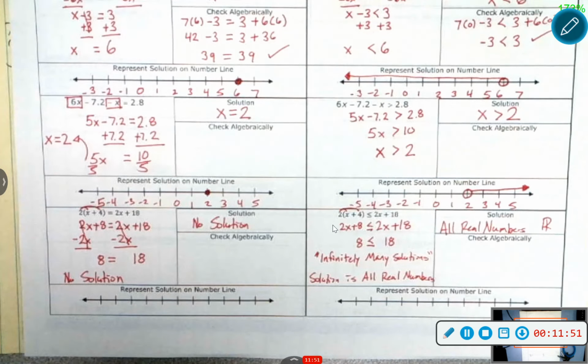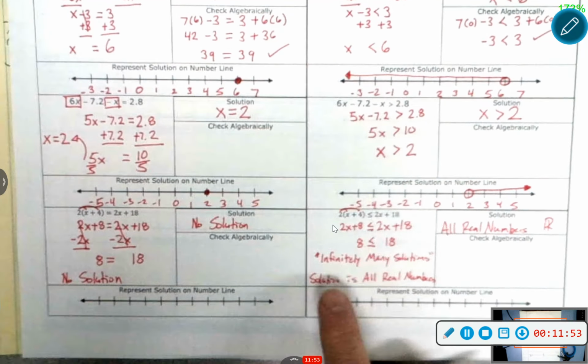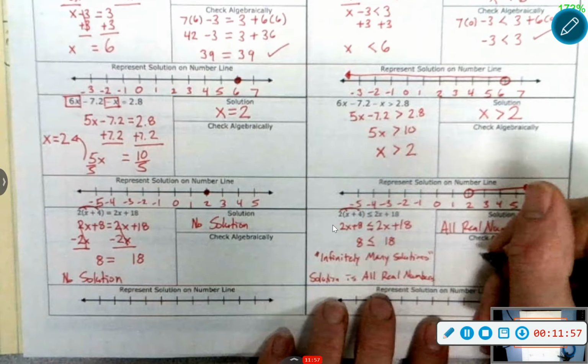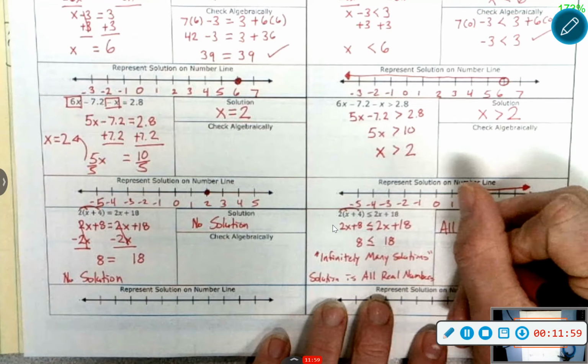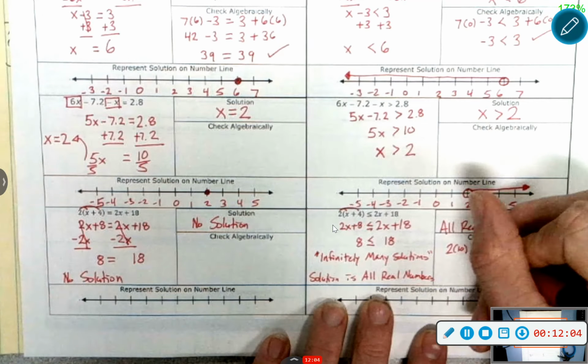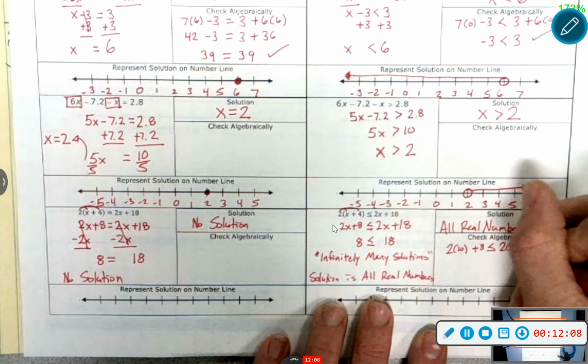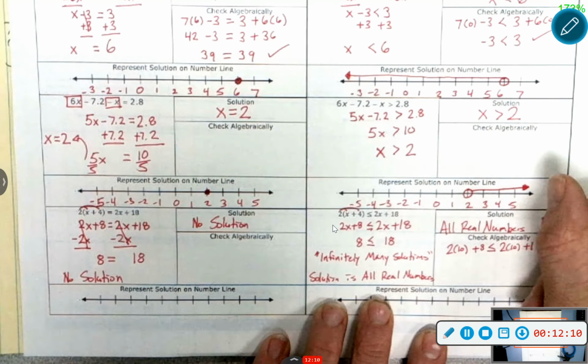If you check this algebraically, you'll see that no matter what x value I plug into this inequality, it will always be true. Let's plug in 10. 2 times 10 plus 8 is less than or equal to 2 times 10 plus 18.